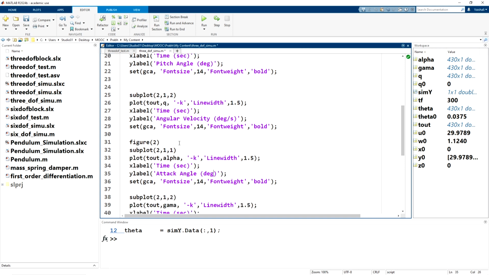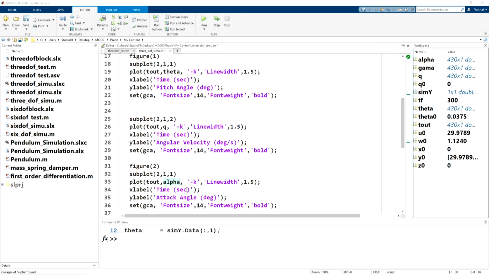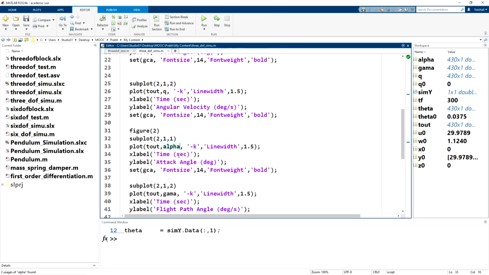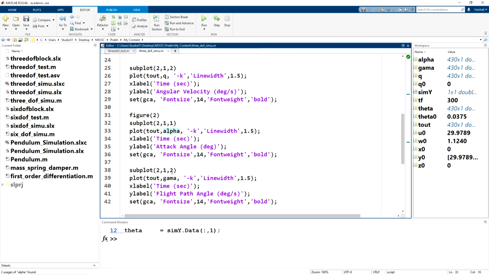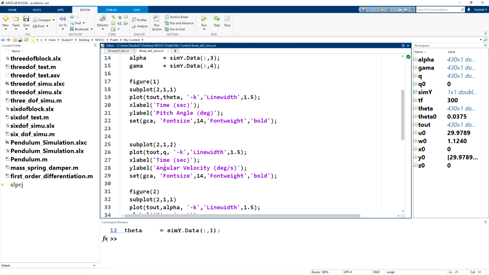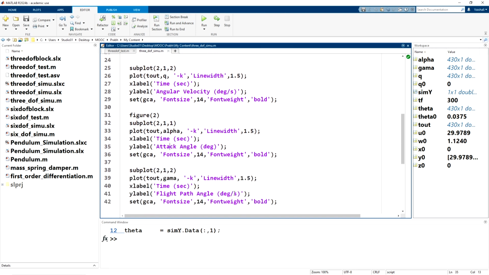You can directly convert it to degrees. Currently it is showing alpha, or let me check it. Yeah, so it is already converted into degrees, so that's fine. This is attack angle, flight path angle. All right. So here we have theta, pitch angle, q, angular velocity, attack angle in degrees, gamma, flight path angle, which is in degrees, not degrees per second. Right. So let me rerun it.